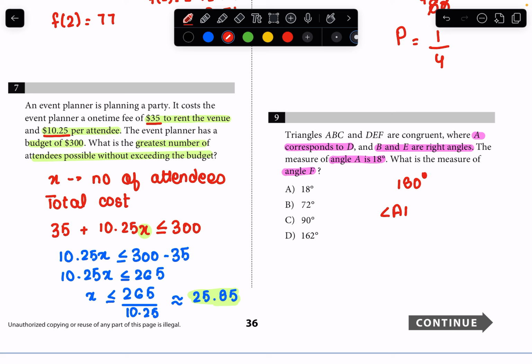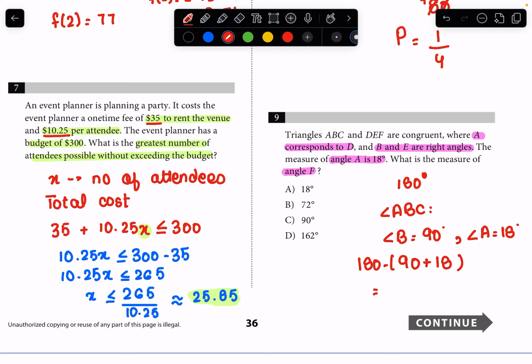In triangle ABC, we know that angle B is equal to 90 degrees, whereas angle A is equal to 18 degrees. So for the remaining angle, it would be 90 plus 18, and all of this subtracted from 180 degrees.